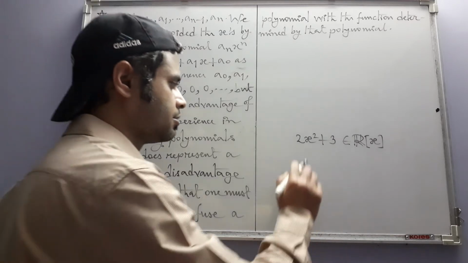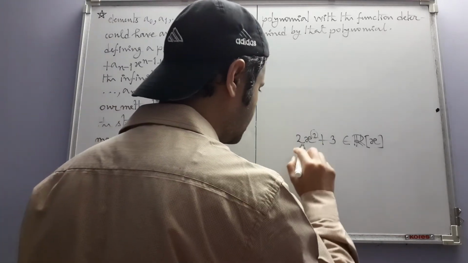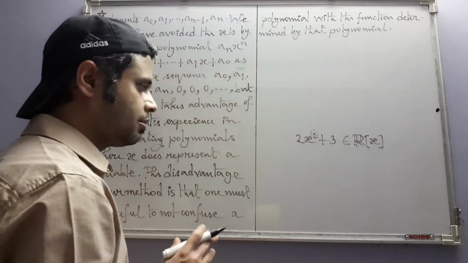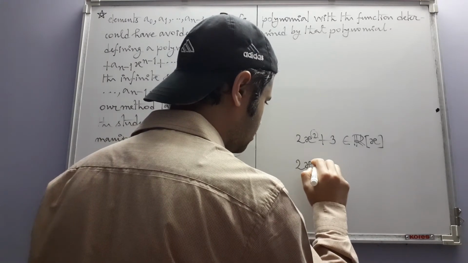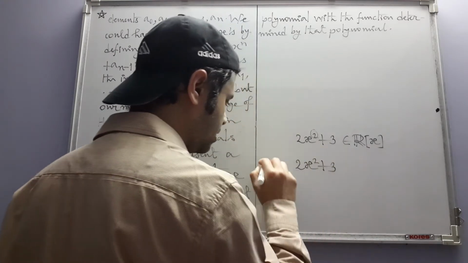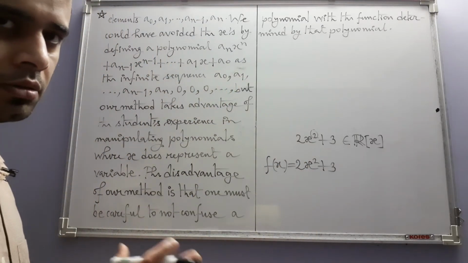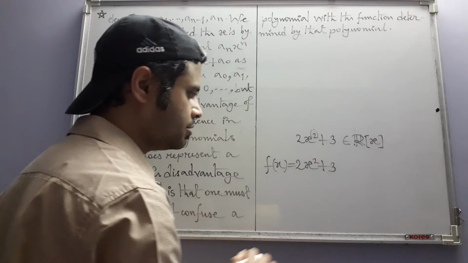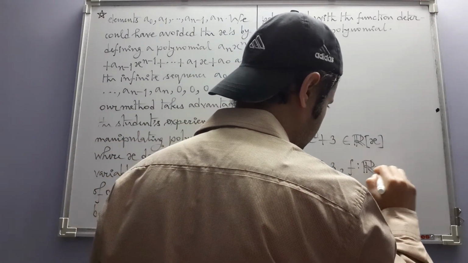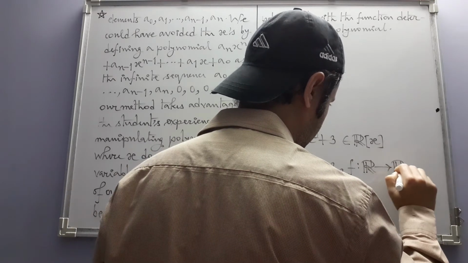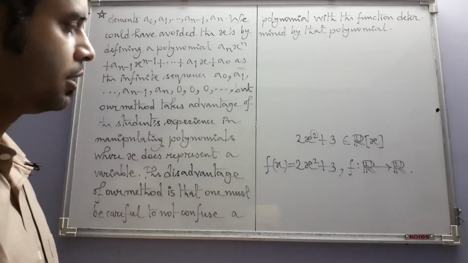However, when you consider the function determined by this polynomial, then you are talking about this real valued function whose rule or formula is this, and f is a function mapping the set of real numbers into the set of real numbers.